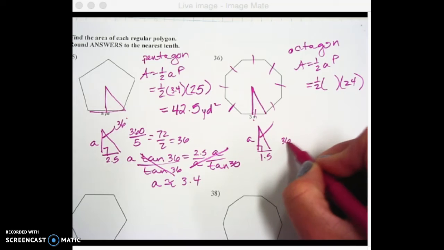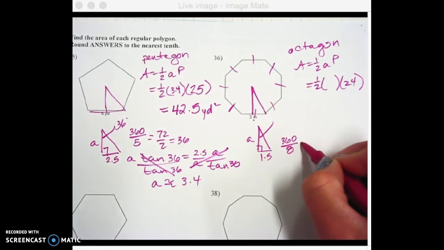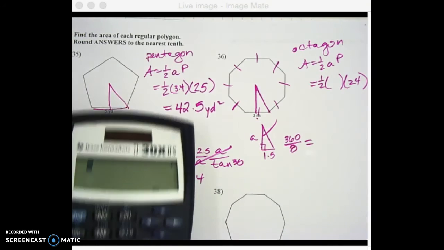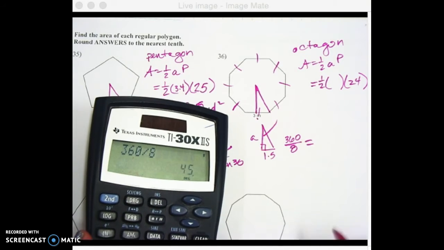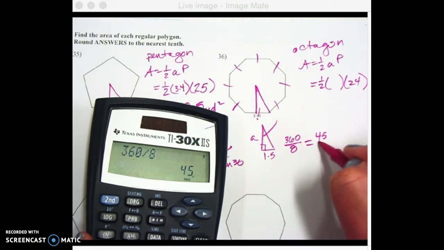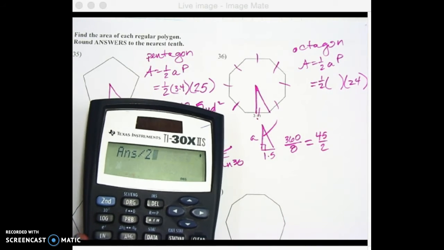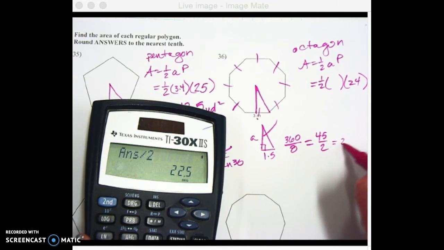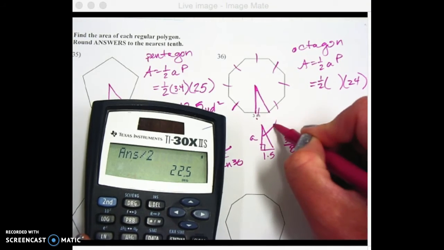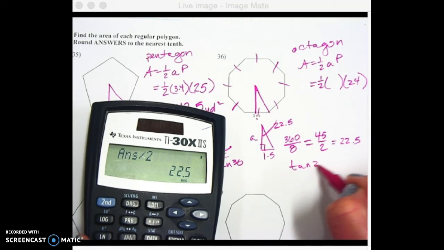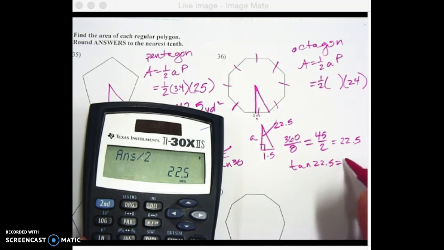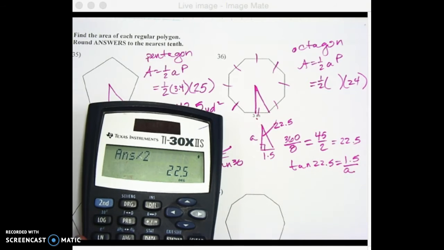So I'm going to go 360 divided by 8, which is 45. So if I divide that by 2, I'm going to get 22.5. So 22.5 degrees is my tangent, and the opposite is 1.5 over the adjacent, which is our apothem.